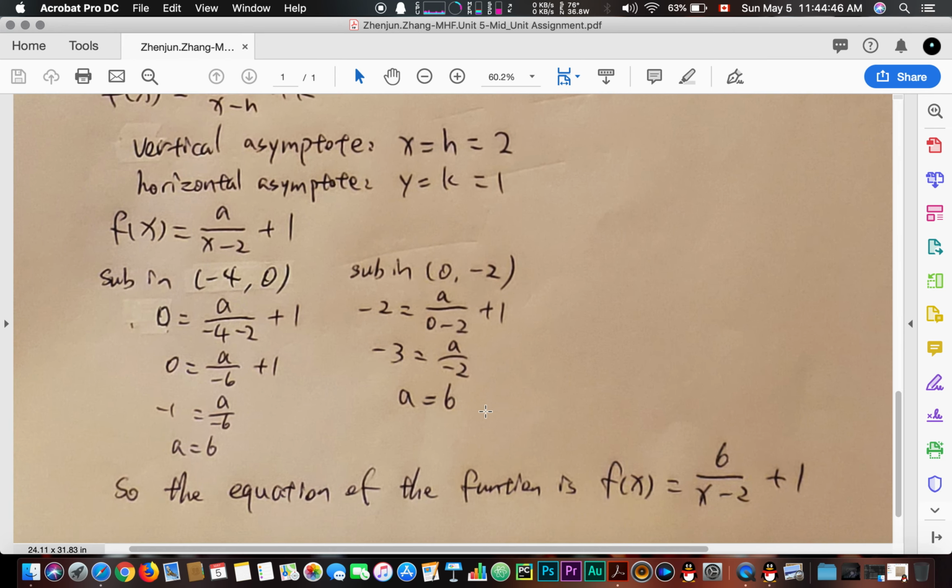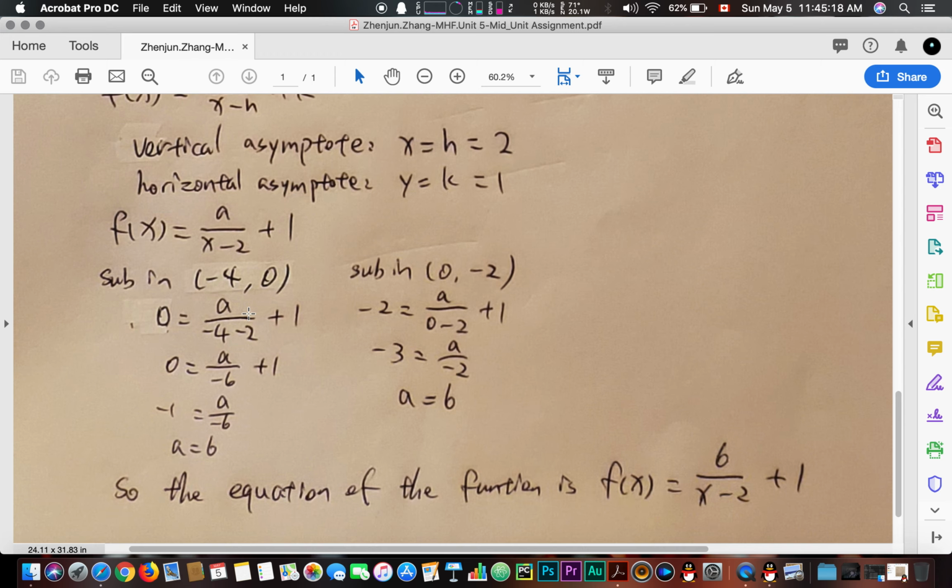Okay? So if we substitute that in there, then 0 equals a over -4 minus 2 plus 1, then -4 minus 2, you get -6, a over -6, and then you move your 1 to the left, and then you multiply -1 times -6, and you get a positive 6, so a equals 6.